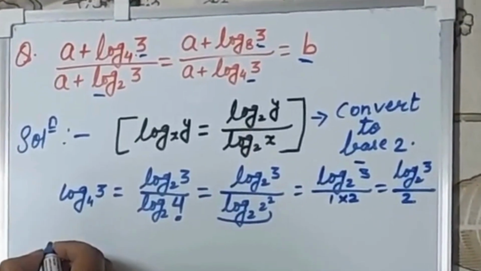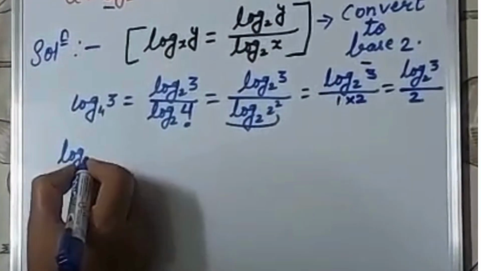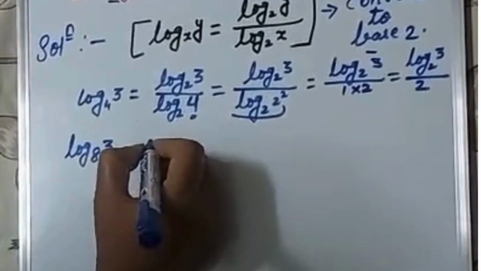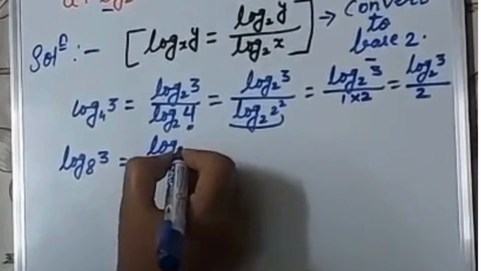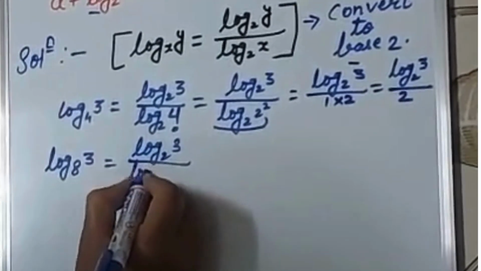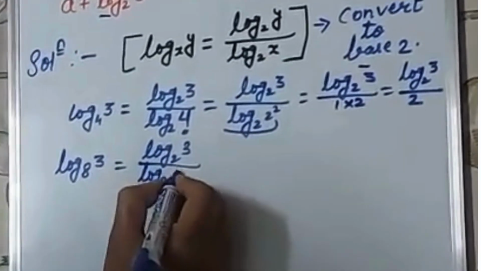Similarly, another term. Log base 8 of 3 will become log base 2 of 3 by log base 2 of 8.